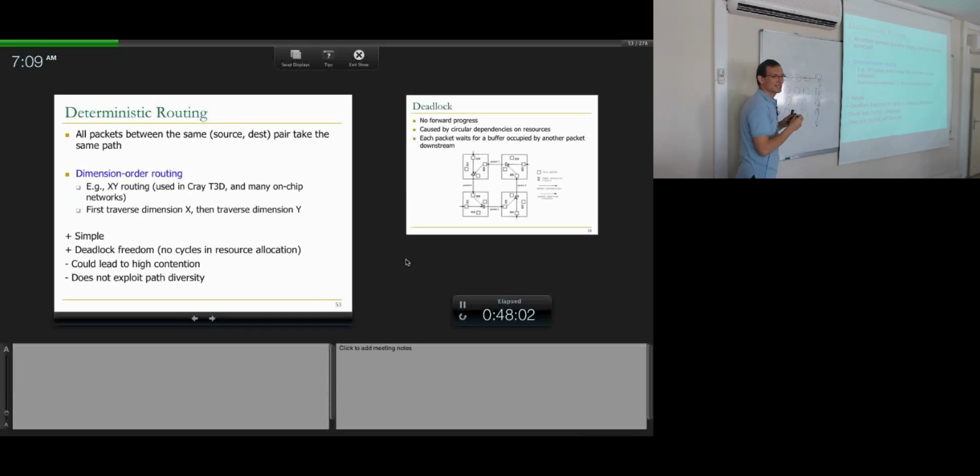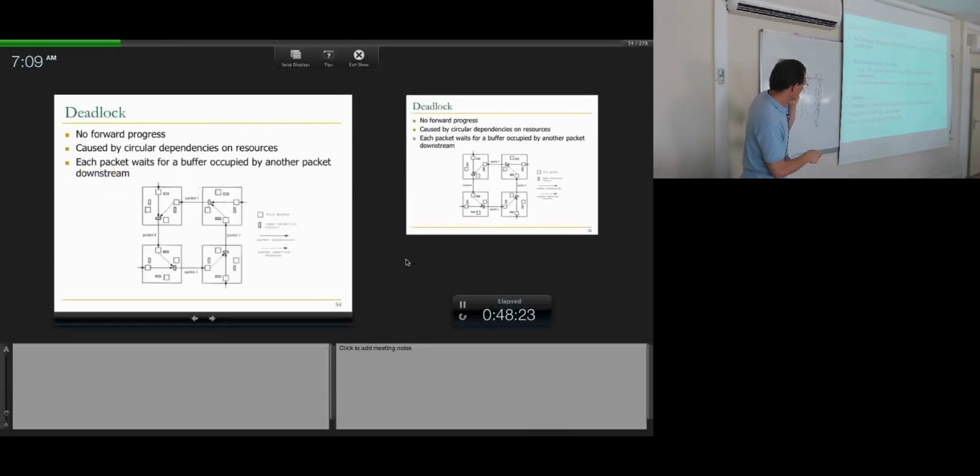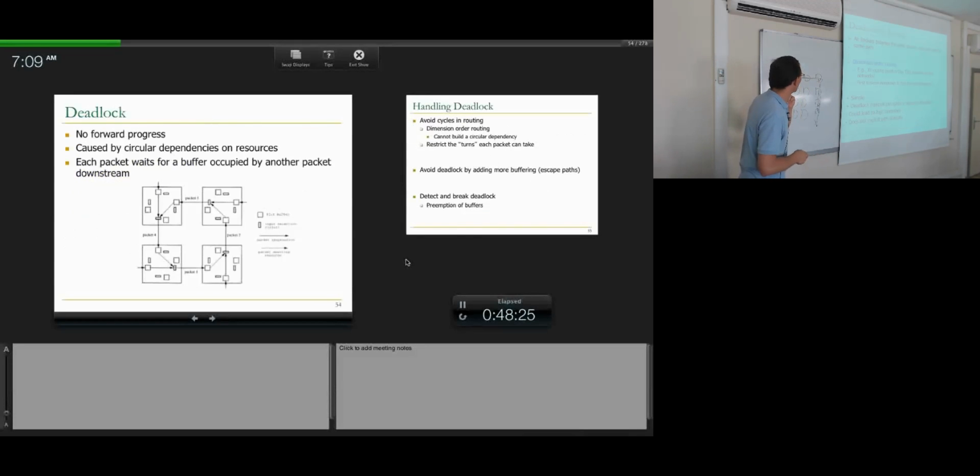And they contend with each other. Whereas if you exploit path diversity, they can route through different directions. But then you should not be deterministic, perhaps. Or you become more complicated deterministic. But then if you're deterministic, you cannot adapt to some other communication pattern. That's the downside. So that's why adaptive routing is usually better for performance, because this doesn't exploit path diversity.